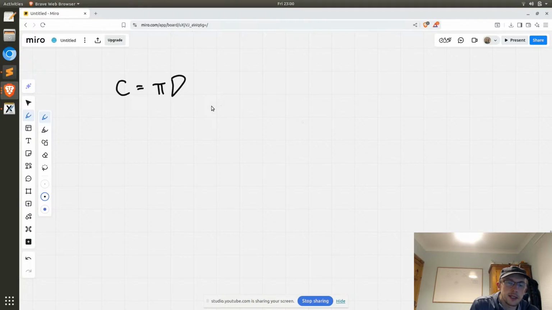What if I want to find an arc? And the angle of the sector defined by the arc is theta. Well, I think you would do theta over 360 if theta was given in degrees, and then times that by pi and that by the diameter, and that would give you the arc length. So I could call it arc. No, I'll call it L arc.